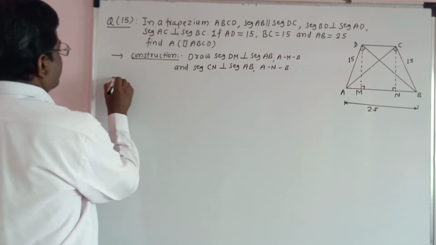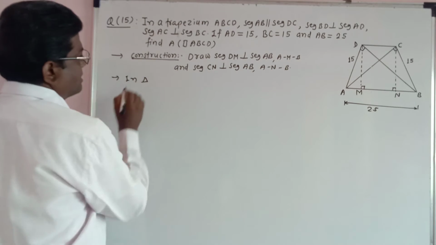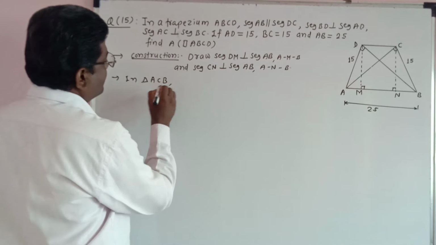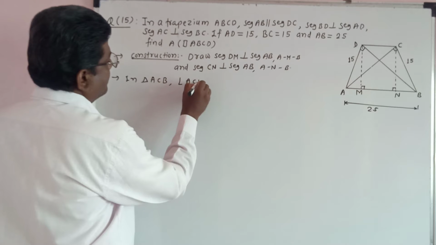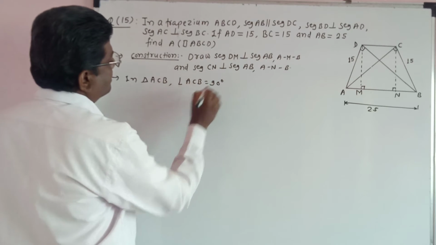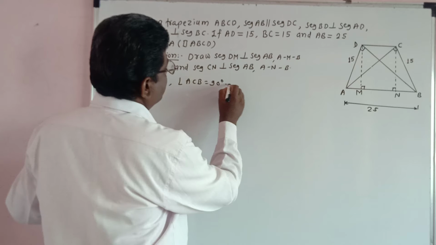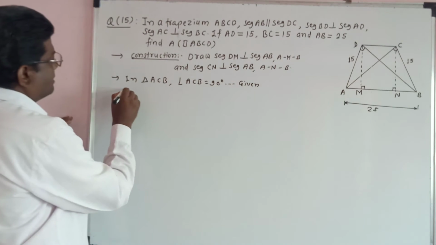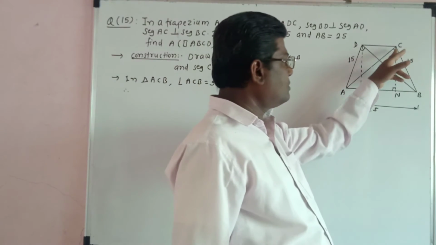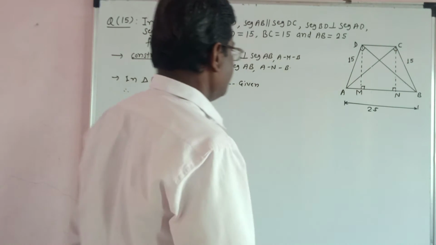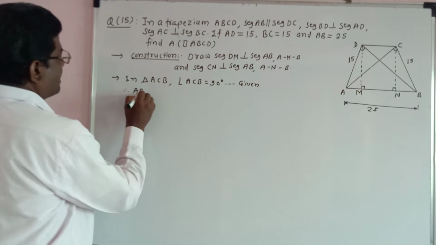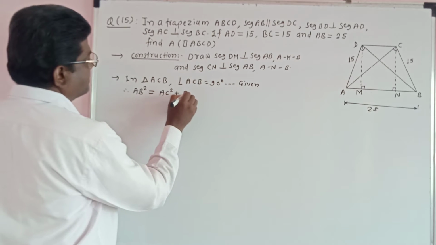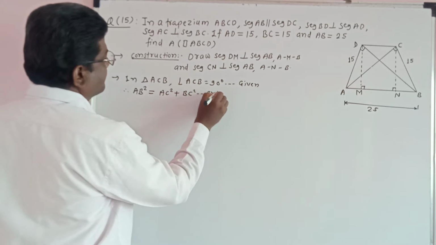So in triangle ACB, angle ACB is equal to 90 degrees. It is given. The side opposite to the right angle is the hypotenuse. Therefore, AB square is equal to AC square plus BC square. Pythagoras theorem.